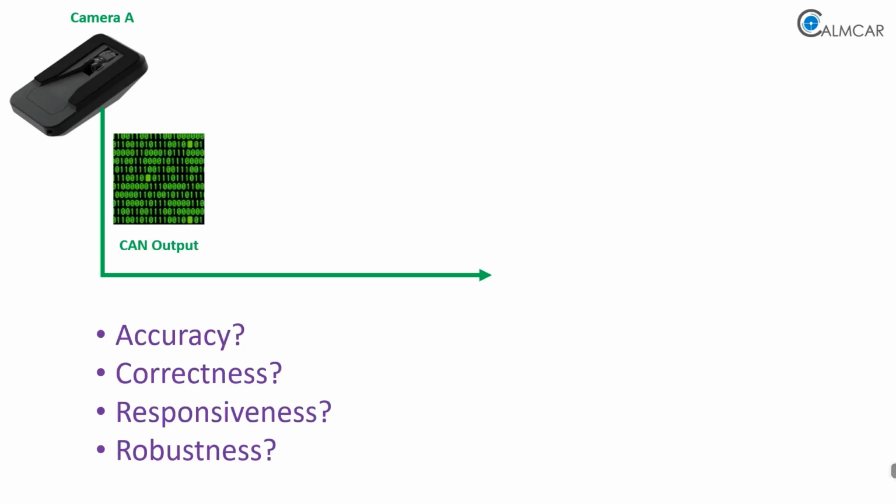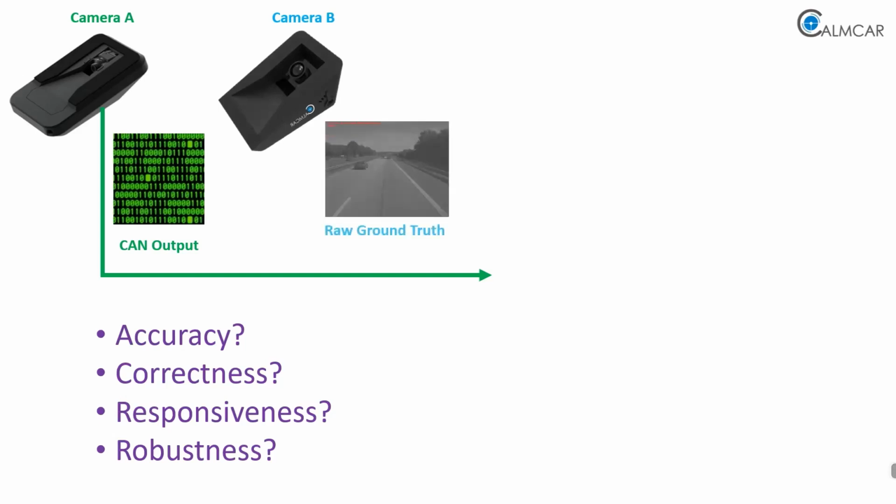All these questions cannot be answered if you have only the CAN output without the restoration of the actual raw ground truth images. To fill this gap, we will put the CalmCar front view camera, let's call it camera B, next to camera A, which is installed on the vehicle windshield. Camera B will then record the raw ground truth images and store them locally on the in-vehicle data acquisition device.